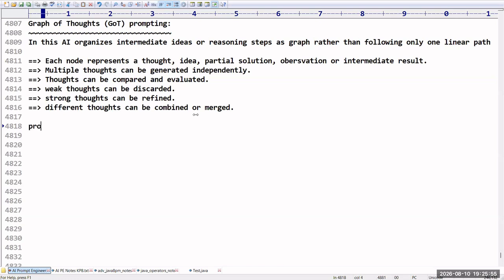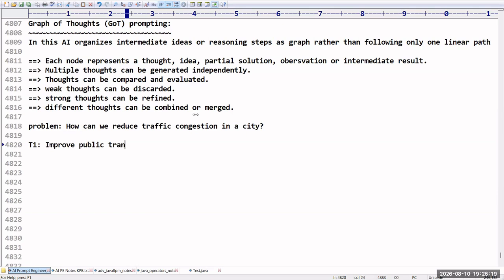Suppose consider one simple problem statement I am taking for you to understand. How can we reduce traffic congestion in a city? How can you reduce these traffic related issues? What is thought one? Here you can improve public transportation. Thought two, you can encourage carpooling. Thought three, flexible office timings you can maintain.